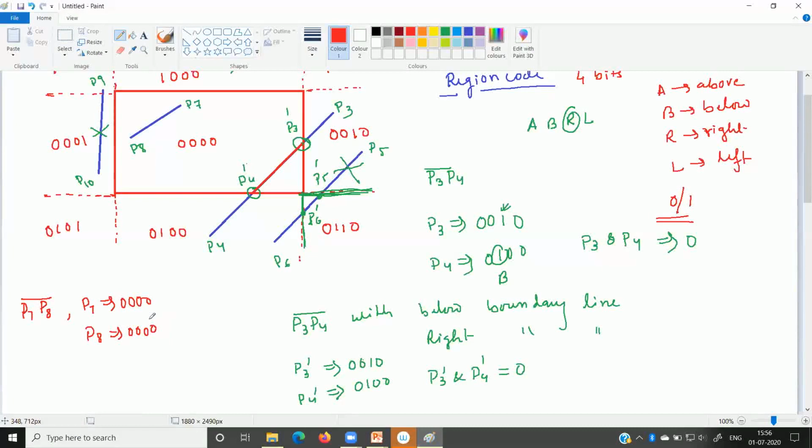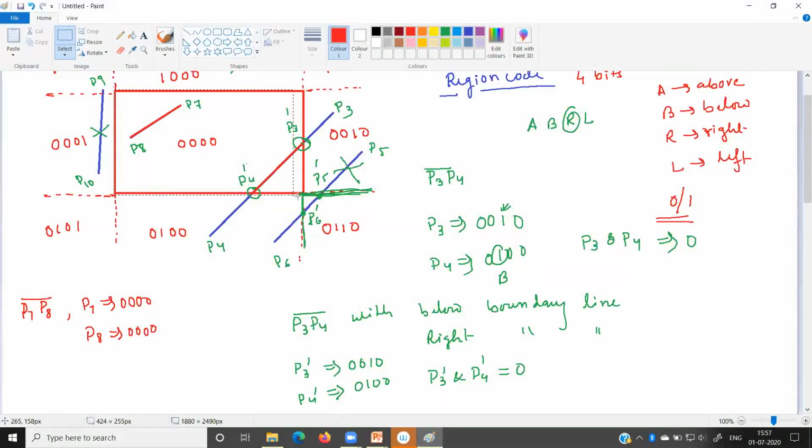After checking whether each line is inside or outside, we finally get the line segment P7 P8 present inside the clip window, and the segment P3 dash P4 dash also present inside the clip window.